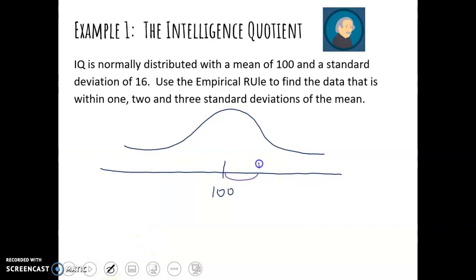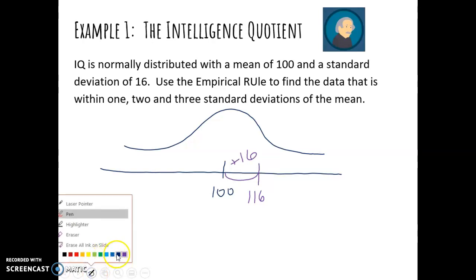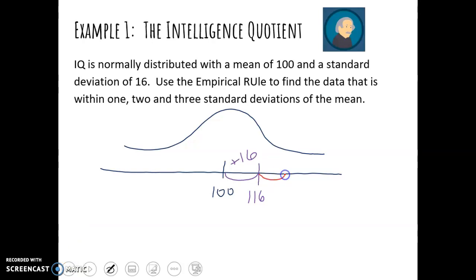If we go up 1 standard deviation, that's the mean plus 16, we get 116. So I'm just going to keep going in the upwards direction and do all the plus 16s. Plus 16 more gives us 132, and plus 16 more gives us, I believe, 148.